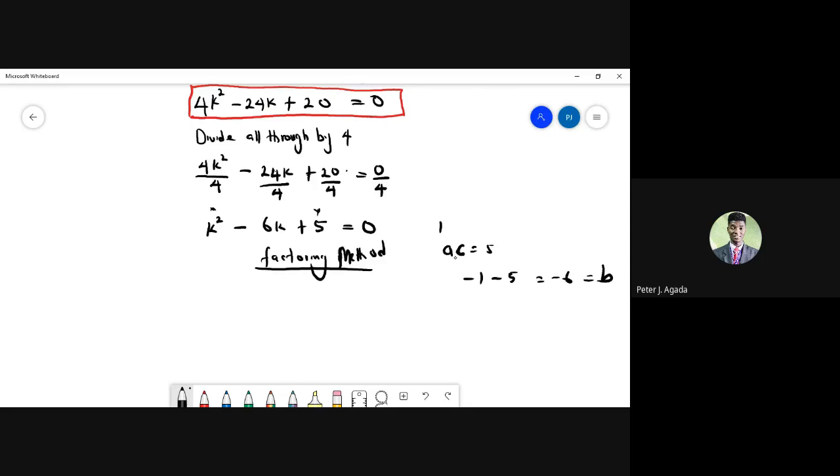Remember, my A is 1 and my B is -6. So two numbers that multiply to 5 and add to give me -6, which is my B, are -1 and -5. So I'll just go ahead and substitute.